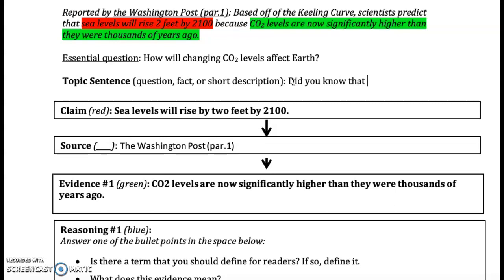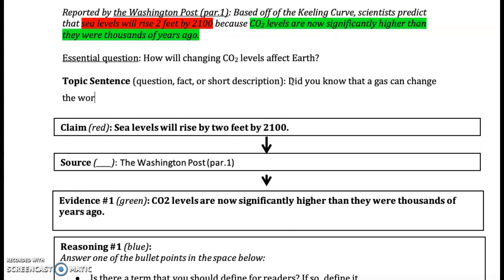did you know that a gas can change the way the world looks?